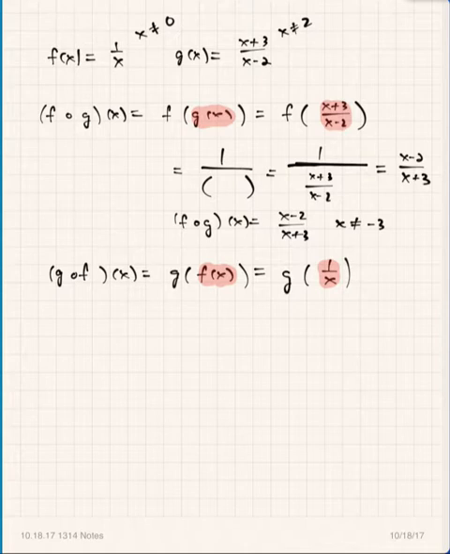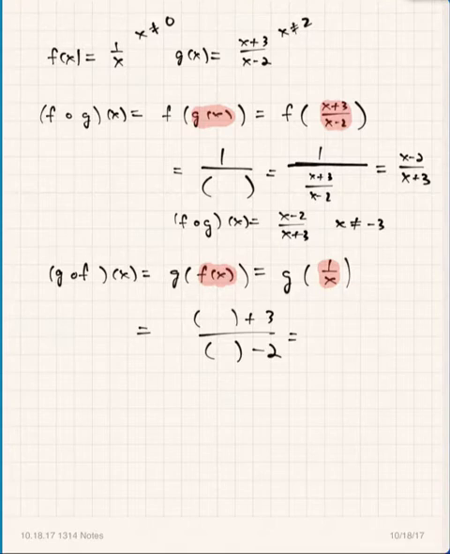And now I go to the function g, I'm putting my parentheses in here every place I see an x. So I get that expression right there, and then what am I doing? Every place I see an open set of parentheses, I'm plopping in this 1 over x. Like that.